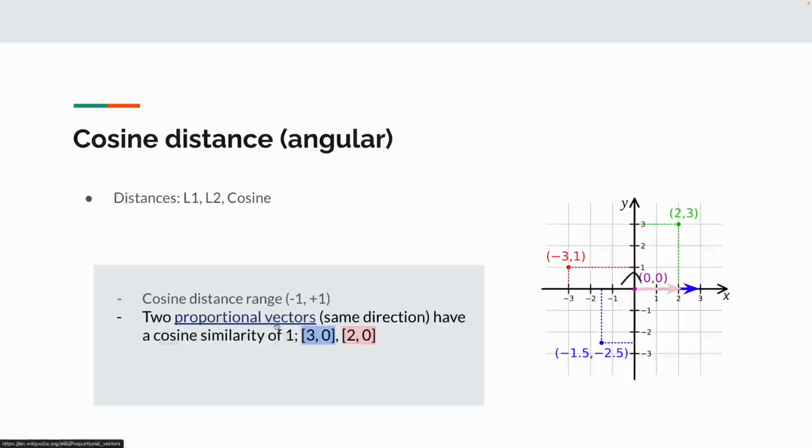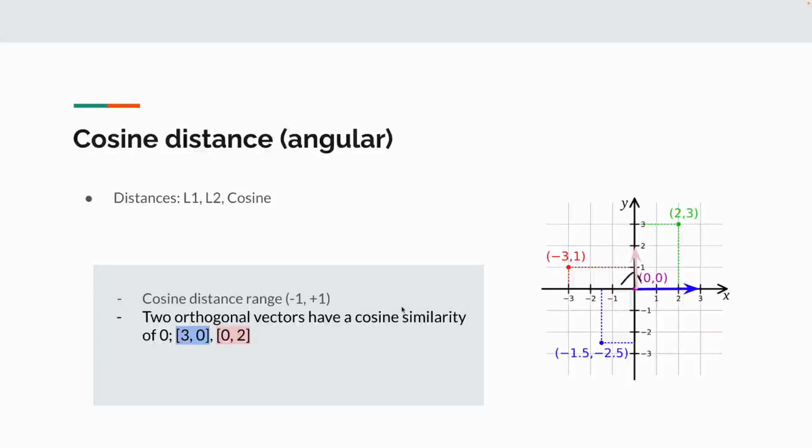You can do the math as we have given the equation before, okay? If you have orthogonal vectors, then the cosine distance will be 0, okay? So just follow the rules, okay? If they are on the same side and same direction, they will have cosine distance 1. If they are orthogonal, they will have cosine distance 0.